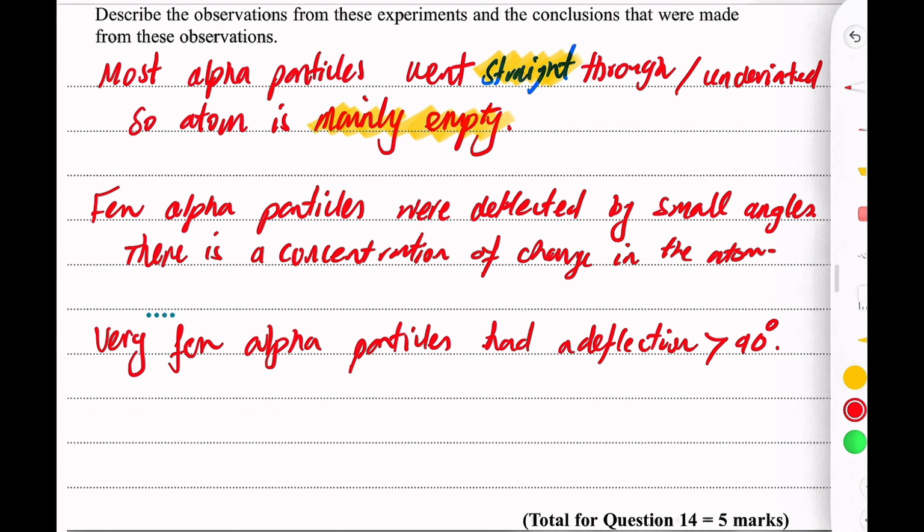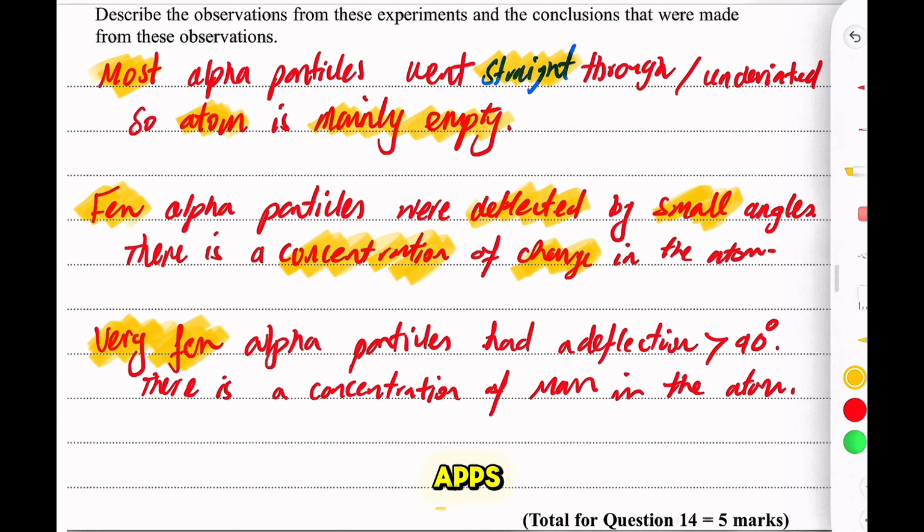Let me highlight the keywords: most, straight, mainly empty for the atom, few alpha particles deflected with small angles, and concentration of the charge. Very few is very important, and if you want to mention the evidence from the observation, it is 1 out of 8,000 particles.